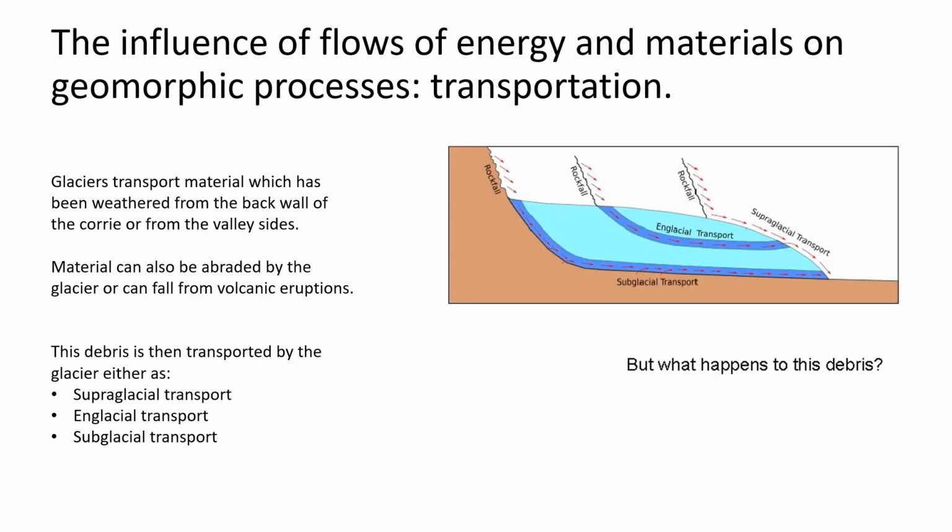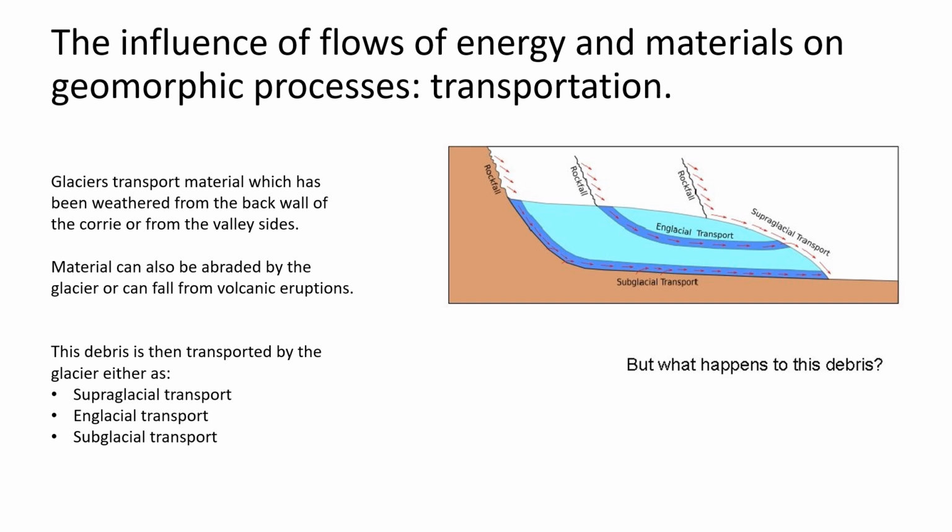And we have transportation too, obviously involving kinetic energy and moving materials, debris from one place to another. That material can come from the back wall of the corrie, from the valley sides. Some of it might be just deposited by windblown activity. It can be moved by the glacier in different areas. So if it's moved on the top of the glacier, it's called supraglacial transport.